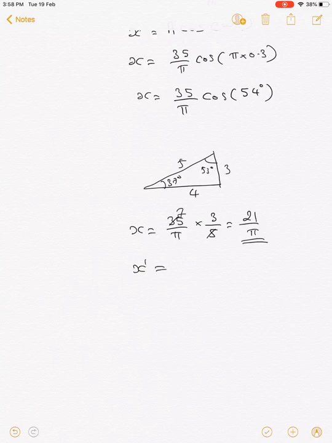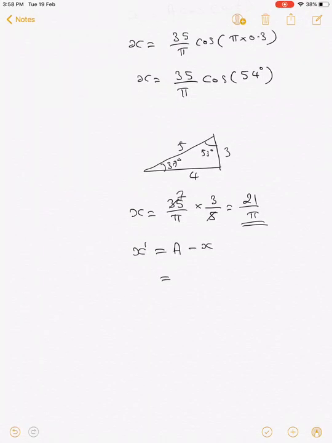The value of x dash is the amplitude of oscillation minus the displacement from the mean position. The amplitude is 35 divided by pi minus x, which is 21 by pi. So x dash is 14 divided by pi.